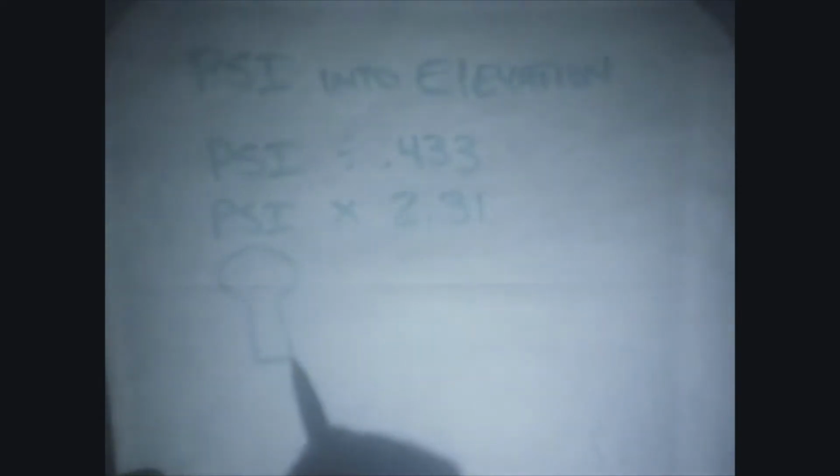An example of this would be, once again, we have a water tower, but now we'll say at the base of this tower we have 120 pounds of static pressure, 120 psi static.